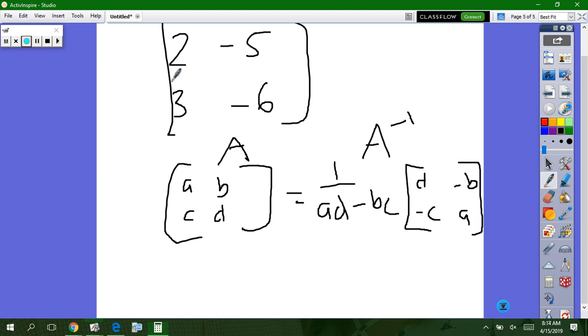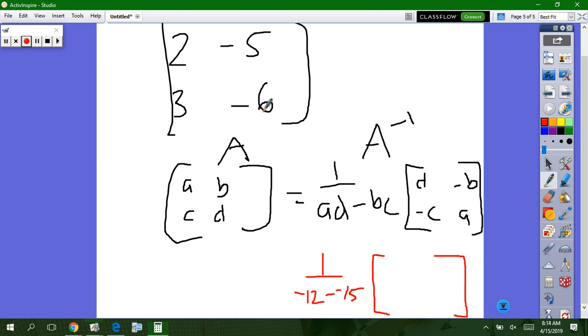So in our case, here's our A, B, C, D. Let's first find this. This is called its determinant. That is 2 times negative 6, which is negative 12, minus 3 times negative 5, which is negative 15. And then let's switch them up.